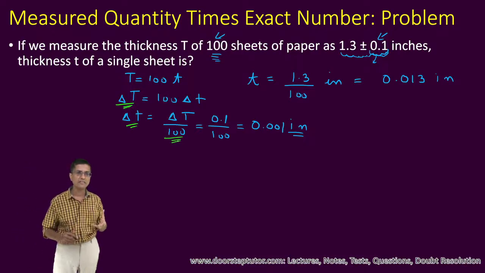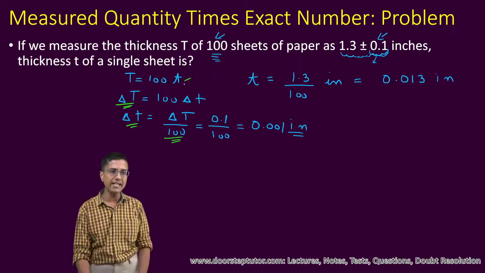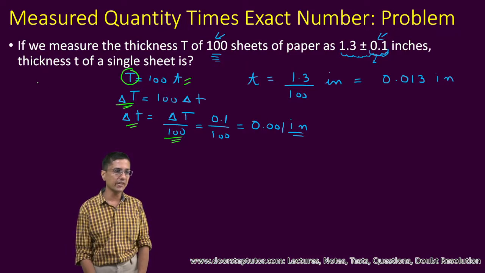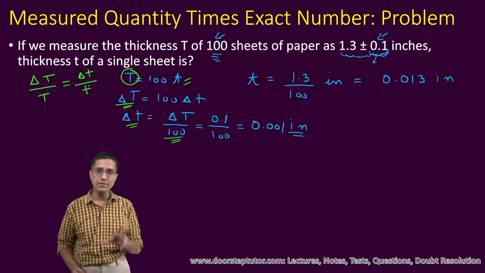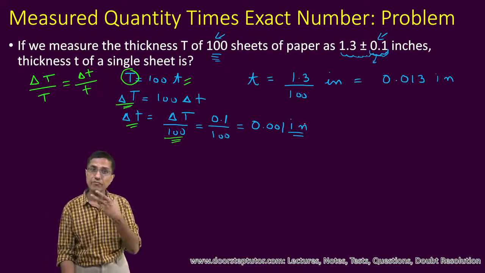In case of relative error, the relative error of T and t in both these cases, delta T by T, is actually equal to delta t by t. But here we are interested in the absolute error.